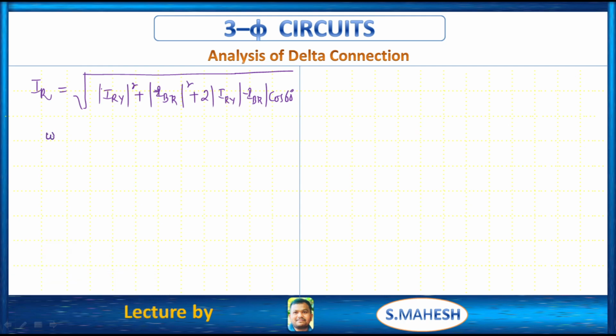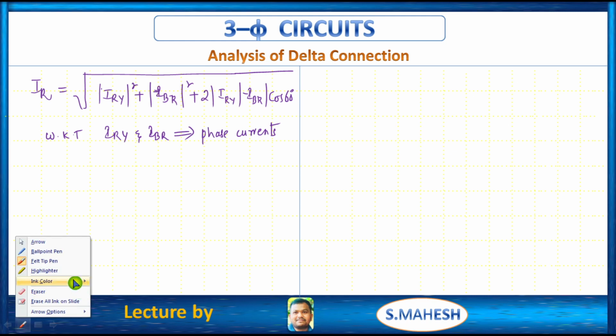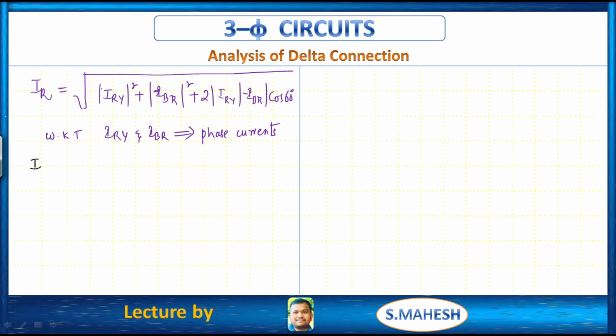So from this we know that IRY and IBR are nothing but what? Phase currents. Therefore IR squared, which is equals to what? Plus, this is also I phase square, because 2 into 1 by 2 gets cancelled. This 2 and this cos 60 gets cancelled.